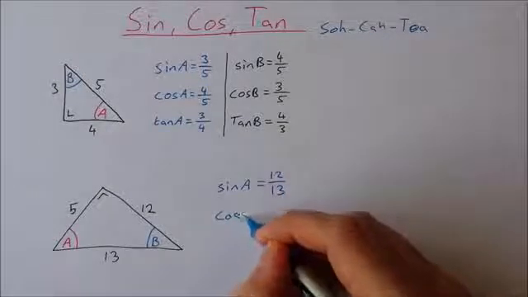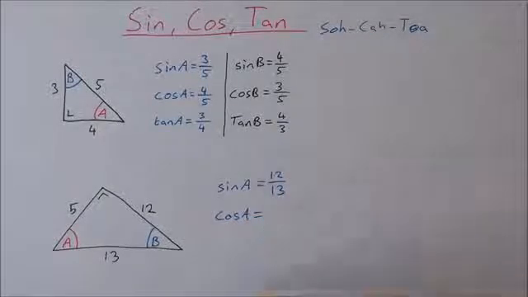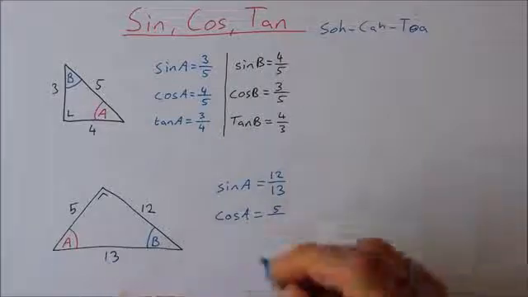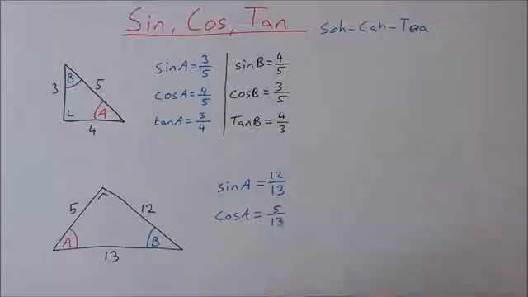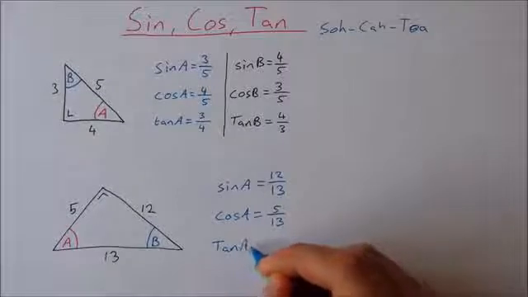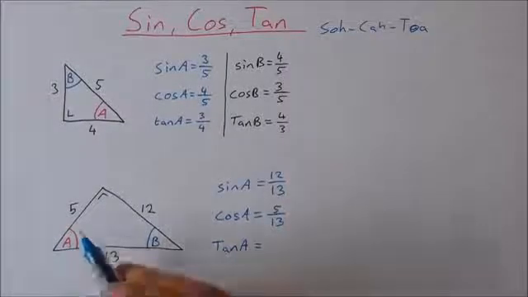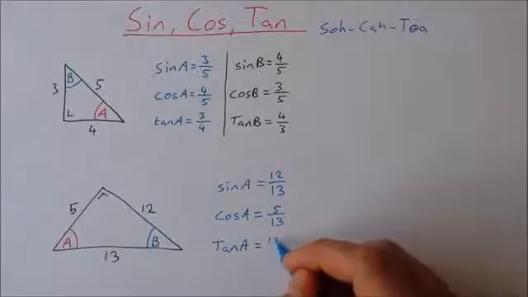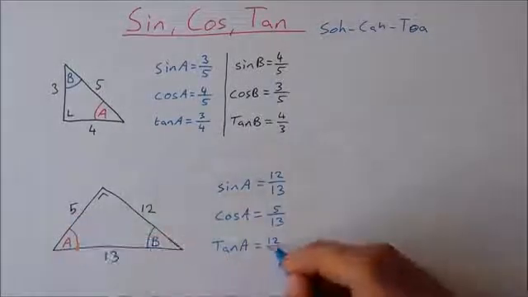Cos of A. Adjacent over hypotenuse. Adjacent is 5. Hypotenuse is 13. And then the tan of A. Tan is opposite over adjacent. Opposite is 12. Adjacent is 5.